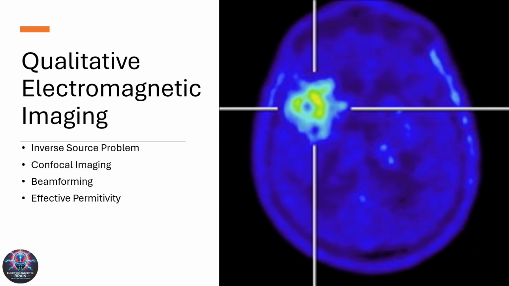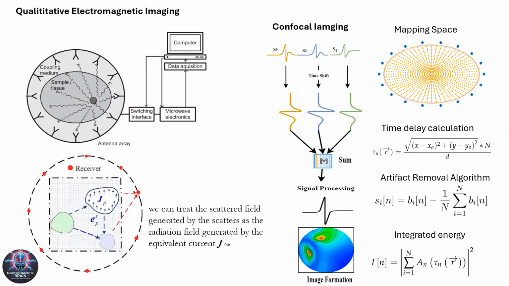This slide explains a microwave imaging system designed to analyze and reconstruct images of internal structures, such as biological tissues. The diagram on the top left shows the microwave imaging system overview, including an antenna array surrounding a tissue sample, likely biological. The antennas emit microwave signals, which pass through the tissue and are scattered.